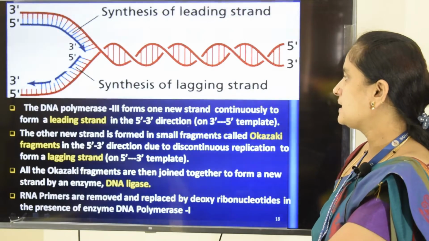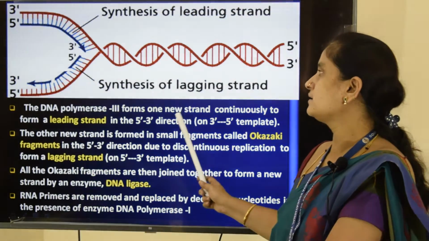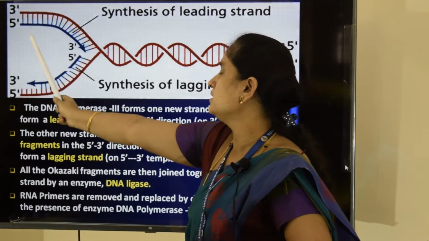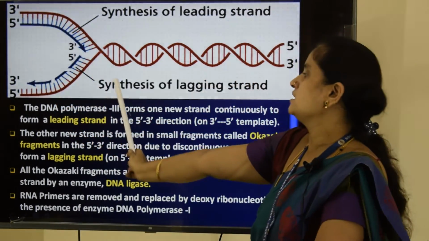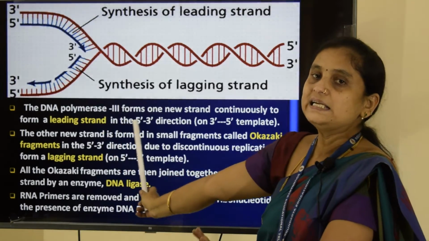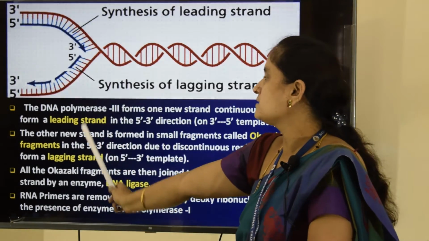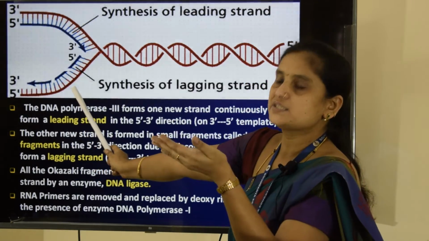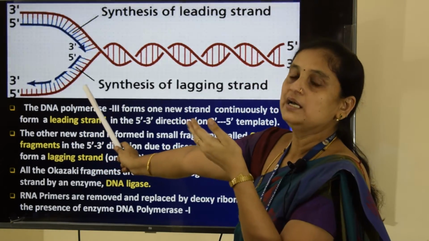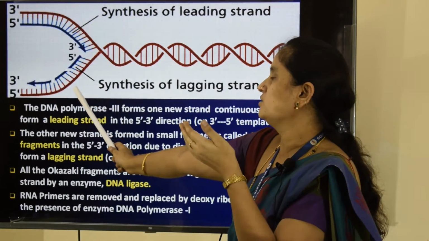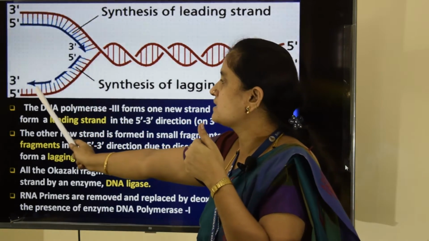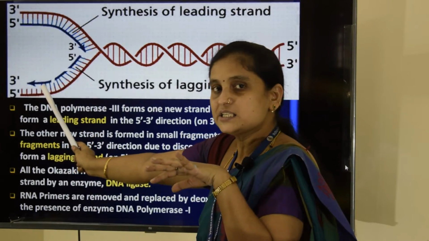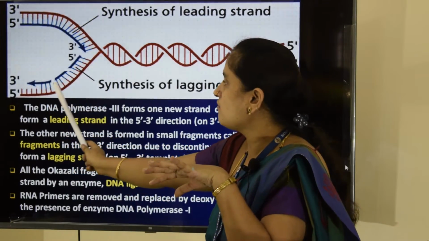Once the DNA replication begins, the template which is in the 3' to 5' direction is replicated continuously to form the leading strand. The other template is not available as a continuous stretch but in small fragments, so the newly synthesized strand also gets replicated discontinuously in small fragments.